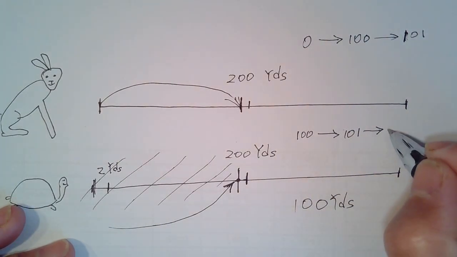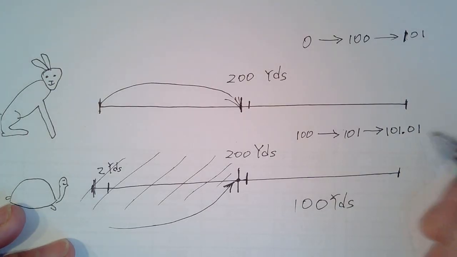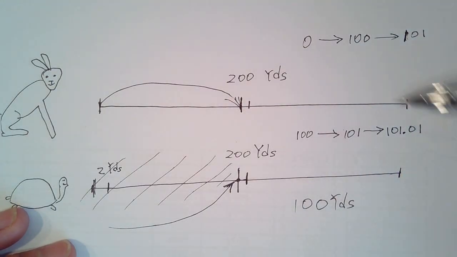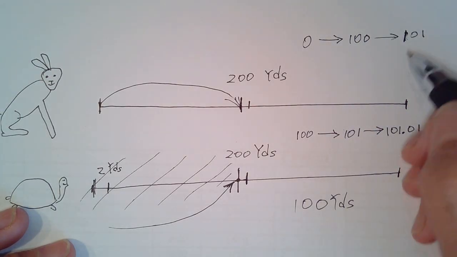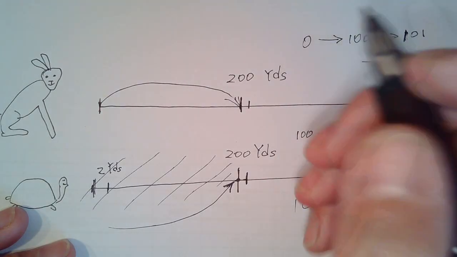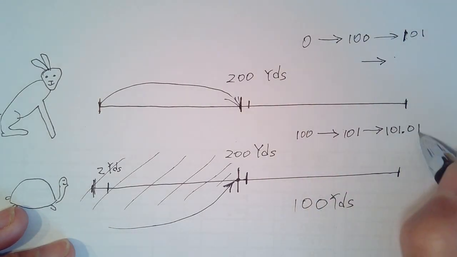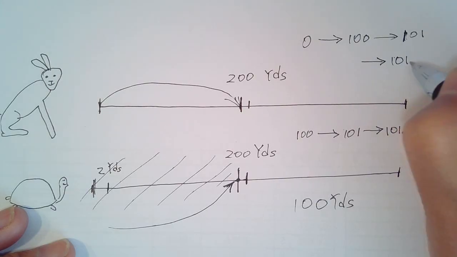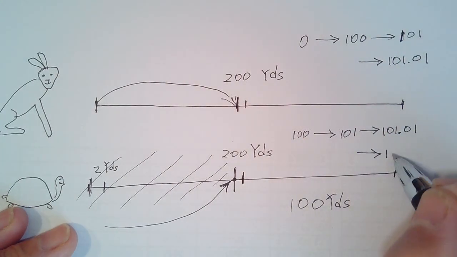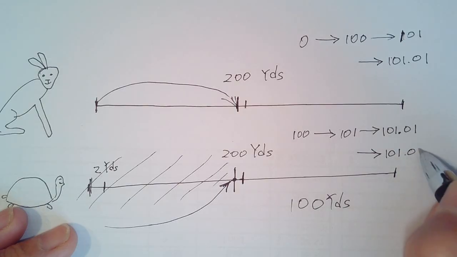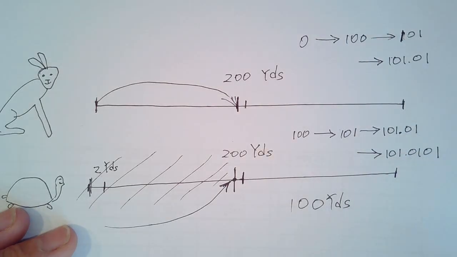The tortoise is going to go to 101.01, because for this extra 1 yard, this tortoise only traveled 0.01 yard. Okay, now keep going. And when this hare goes to this point, 101.01, the tortoise will be at 101.0101. Did you notice something?